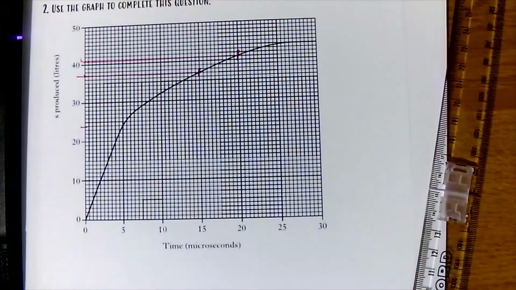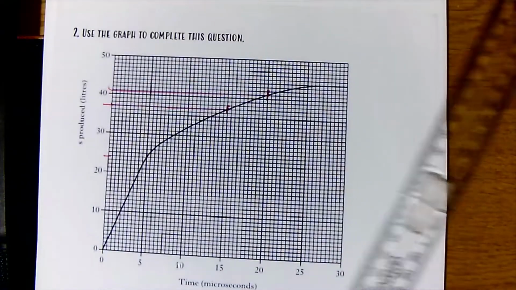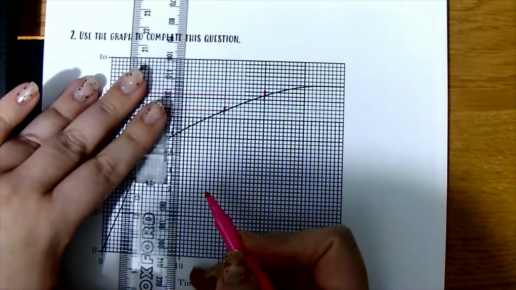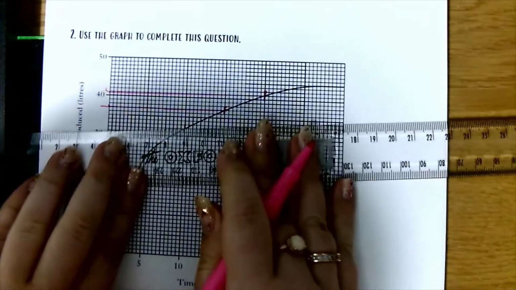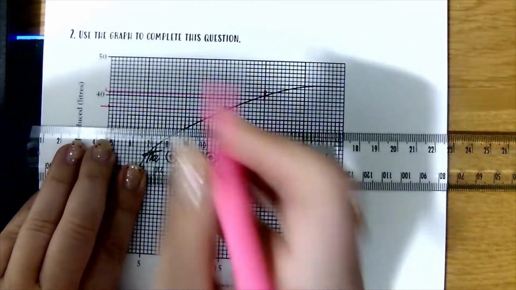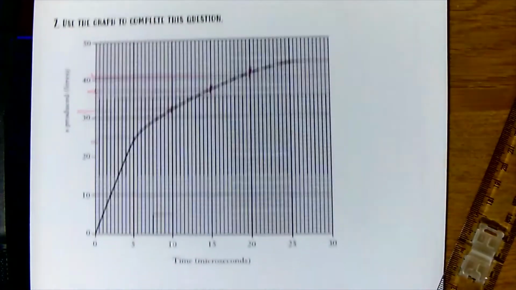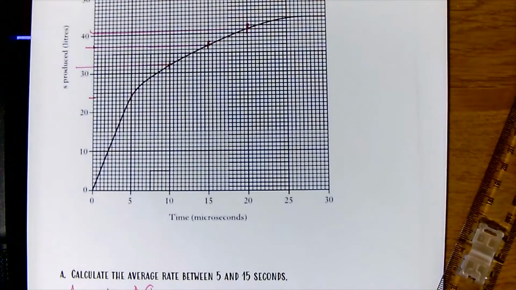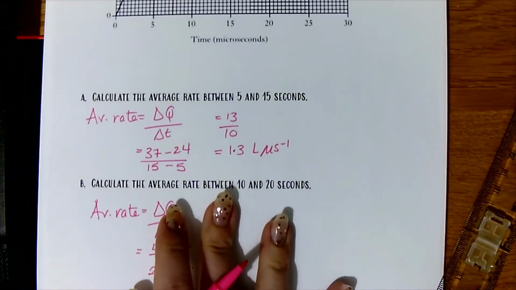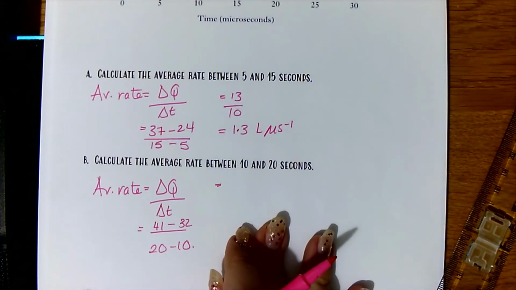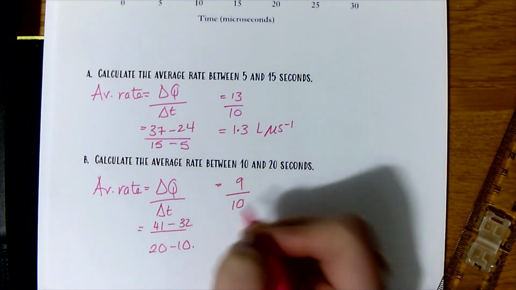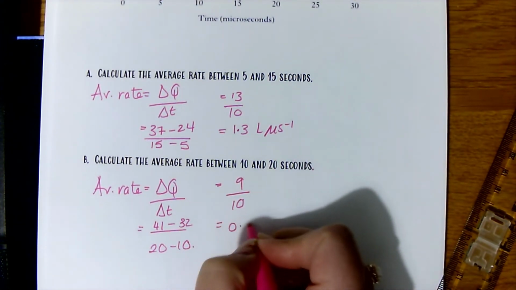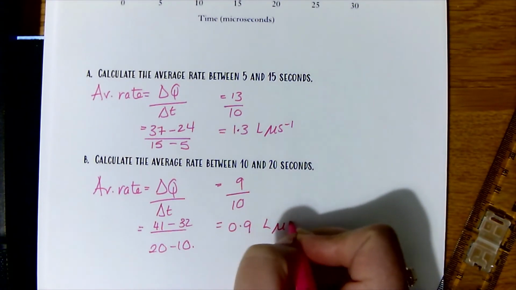And that value here is 41, and we do the same at 10. And here we have 32. Oh, there we go. You can see that now. So we have 41 minus 32, which is 9. 20 minus 10, which is 10. So here we have 0.9 litres per microsecond.